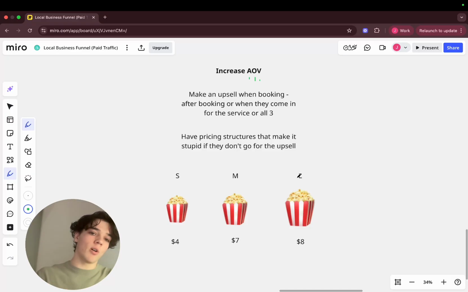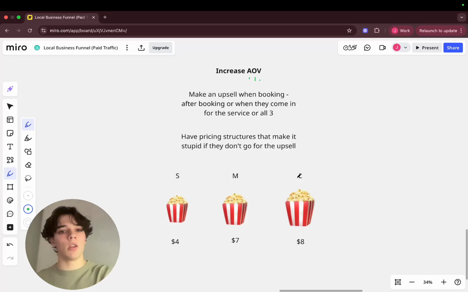Having a little checkbox on either your confirmation page or on your booking page, basically asking them, are you interested in this additional thing, in this premium service? If they click yes, they're more likely to buy it when they come in. And then also when they actually come in. So then you have 3 opportunities for an upsell, whether they're the same or they're different. You could play with that.